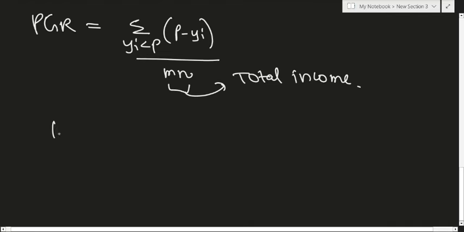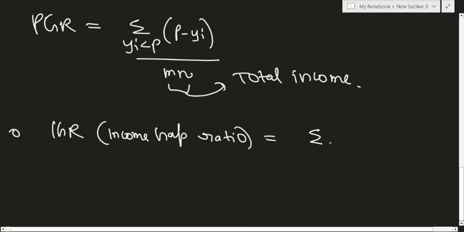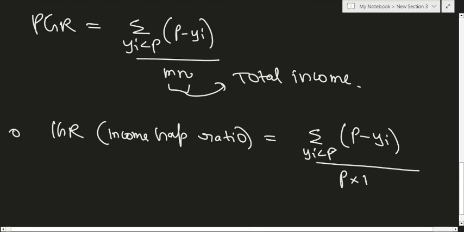Okay. Another one we have is IGR, income gap ratio, which has a similar formula, just a small distinction. Incomes of those people who are less than the poverty line, and we take again the deviations, but we divide it by poverty line into headcount ratio.